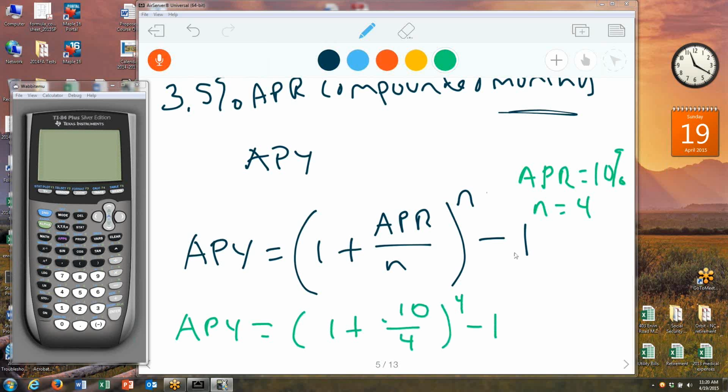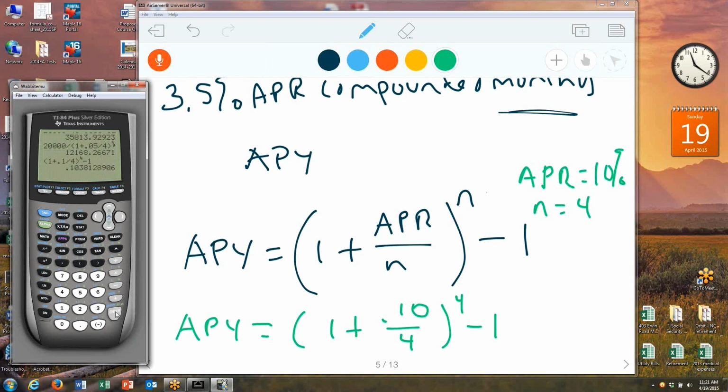If we run that through your calculator, of course, I'm always at the end of the page when I do these. So 1, nope, I need parentheses. 1 plus 0.1 divided by 4, to the 4th power, and then make sure we get off the exponent, minus 1.